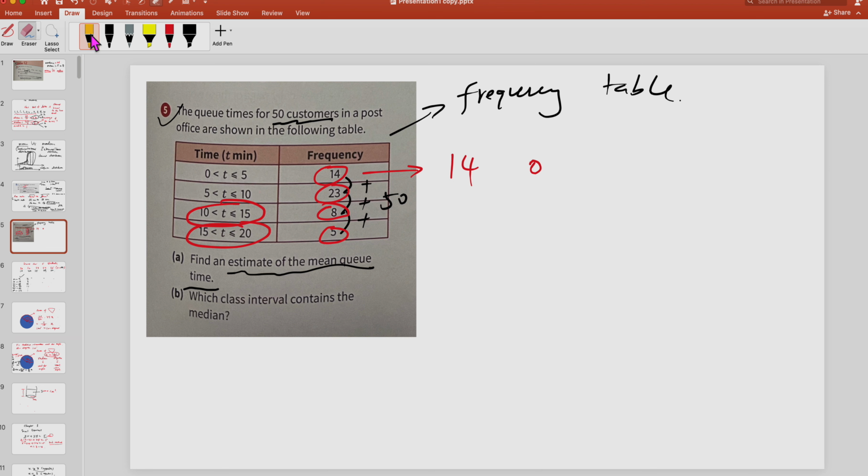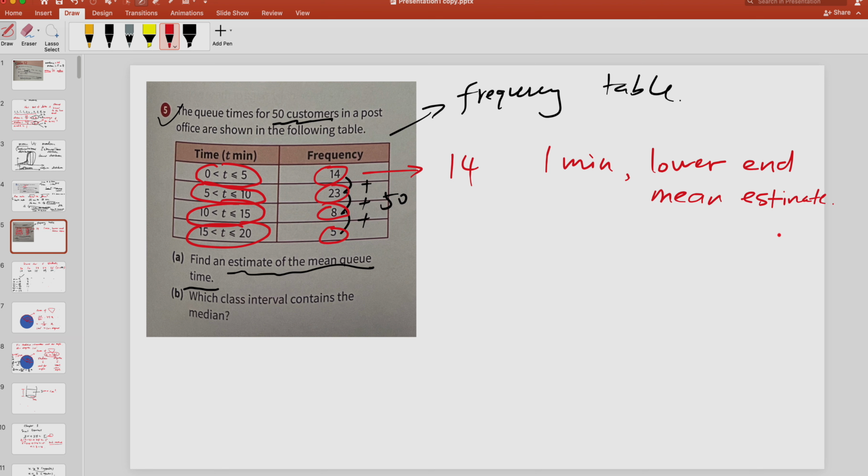Which also, okay, 0 is not included, by the way. Can you see the inequality? 0 is not included. So they have to wait. So it can be 14 of them wait 1 minute. It's also under this range. If you consider this case, you will end up with a lower end mean estimate.